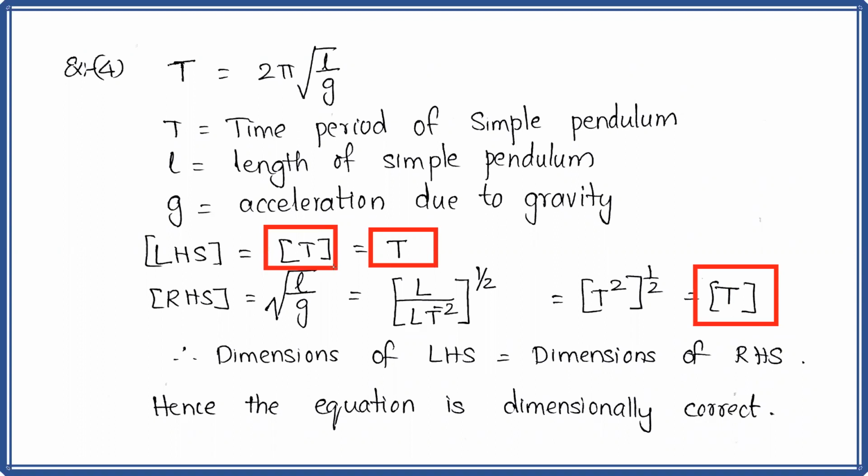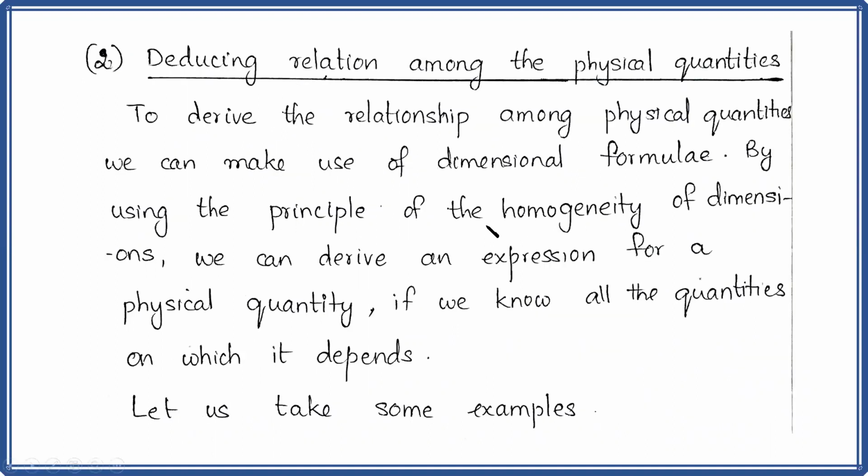Now you can conclude that dimensions of LHS is equal to dimensions of RHS, hence the equation is dimensionally correct. So this is the first application. I hope you all understood, and we have to continue our discussion with other two applications. So let's go for the next application.